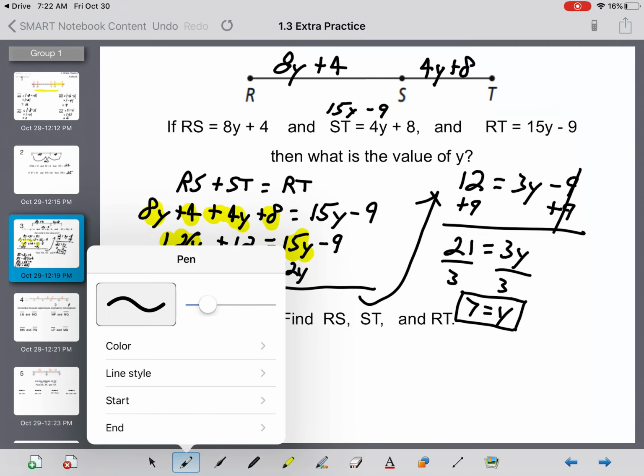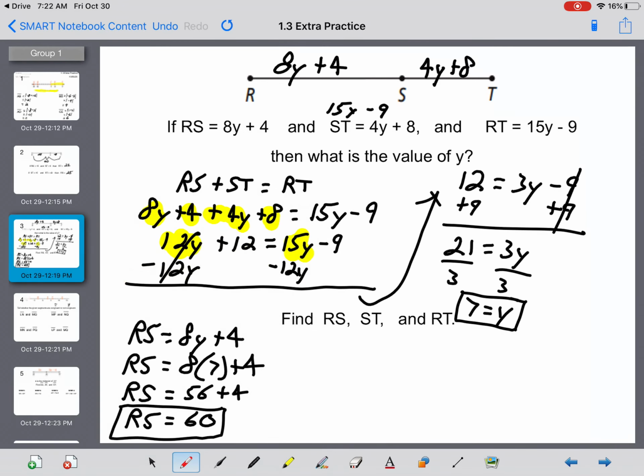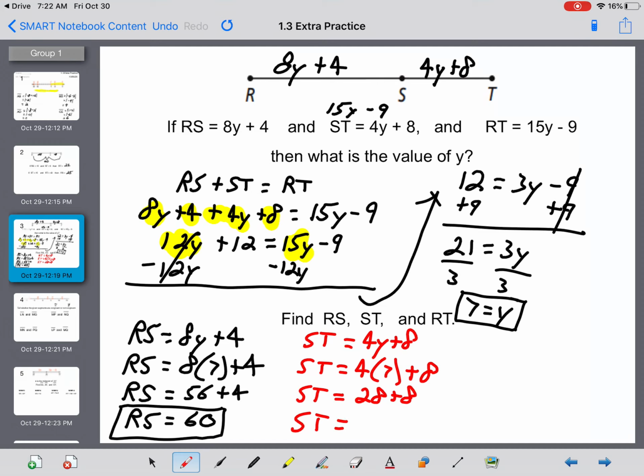Let's change the color up here. ST is equal to 4y plus 8. I'm going to plug in my 7 for the y. 4 times 7 is 28, plus 8, which makes 36.